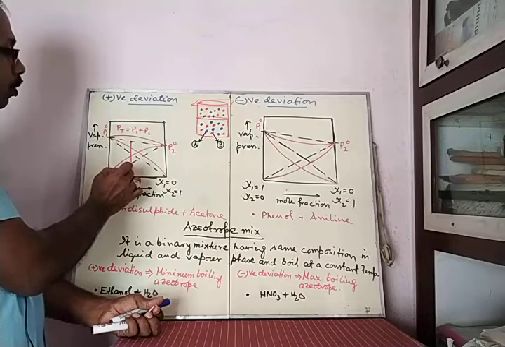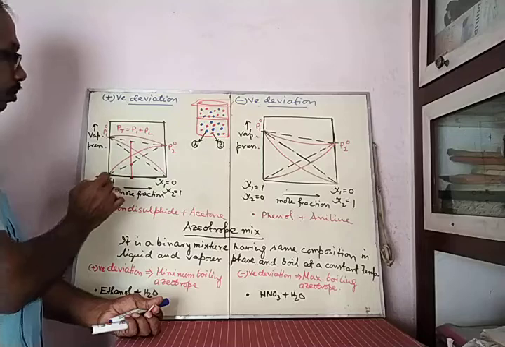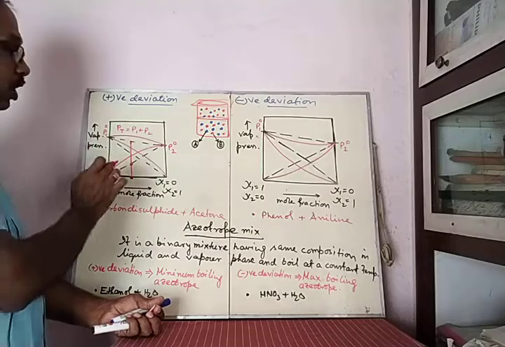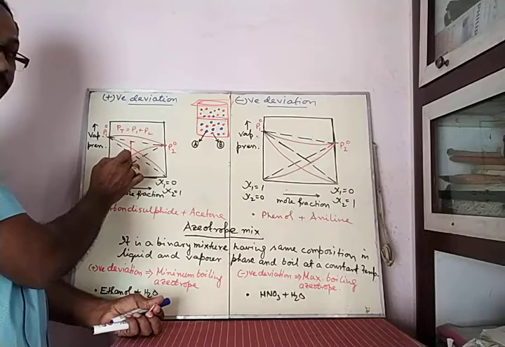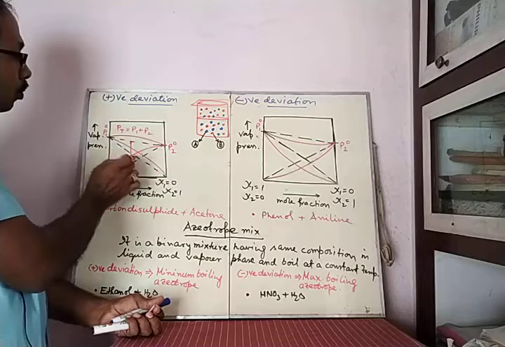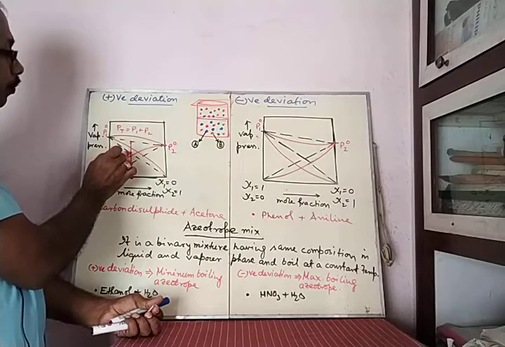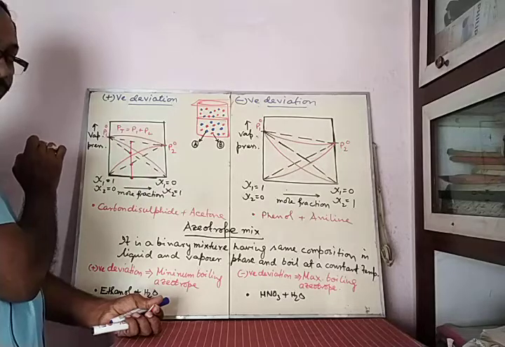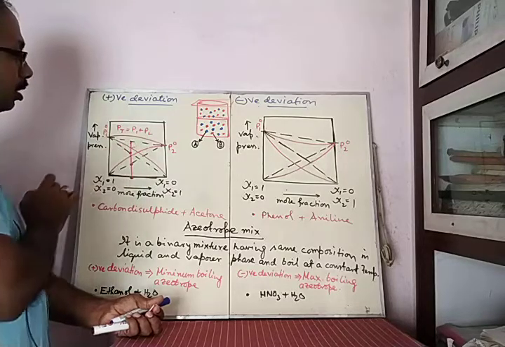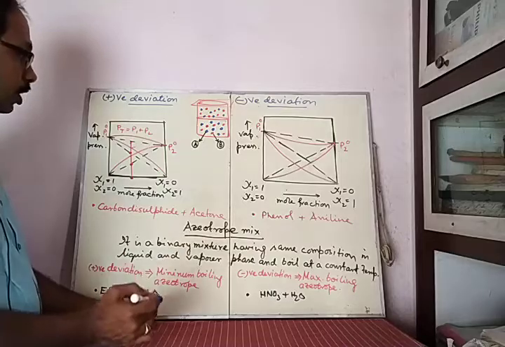Now expected value is this one, but due to positive deviation the value is coming here, and for component 1 the expected value is here, but actually it is coming here due to positive deviation.